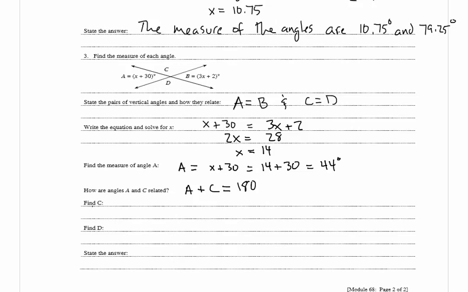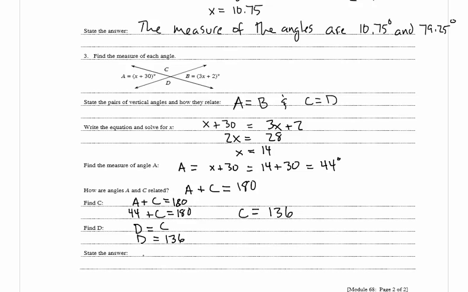So now it wants us to find C, and we know A, so we know that A plus C is equal to 180, and A is equal to 44. So C is equal to 180 minus 44, which is 136. And then it says find D, and we know that D is equal to C, so D is equal to 136. And now they want us to state the answer.